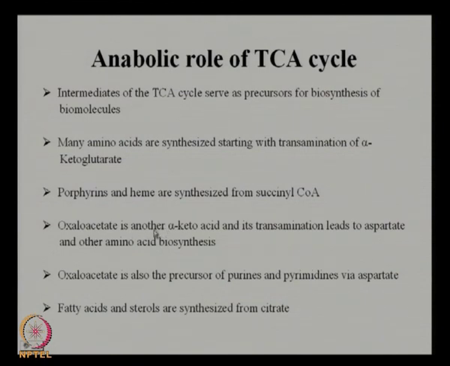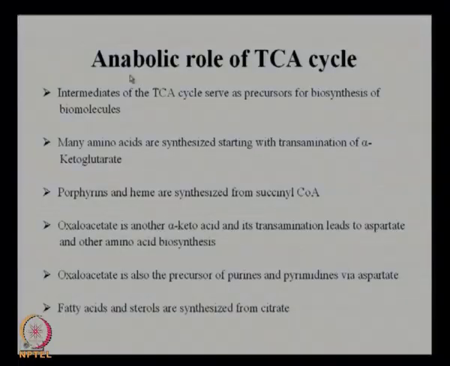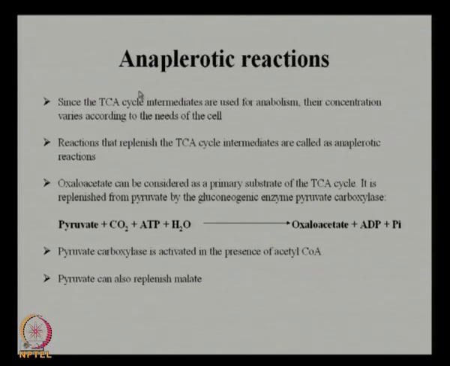Oxaloacetate is another alpha keto acid, and its transamination leads to aspartate and other amino acid biosynthesis. Oxaloacetate is also the precursor for purine and pyrimidine via aspartate. Fatty acids and sterols are also synthesized from citrate, and these are the anabolic roles of the TCA cycle.